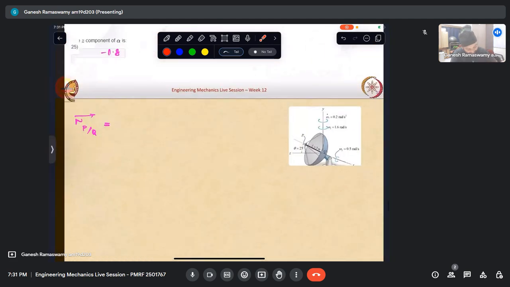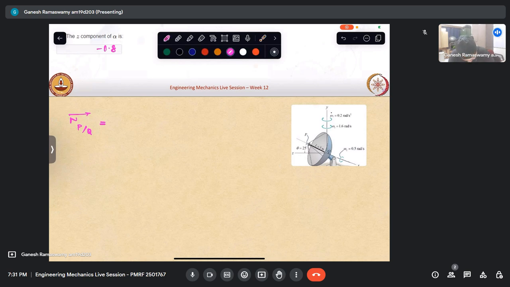So this will be 3 into cos 25 K cap plus sine 25 J cap.